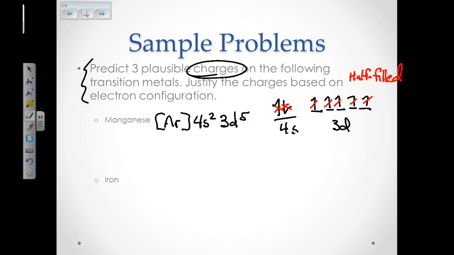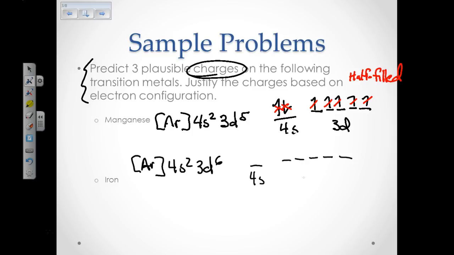Iron's electron configuration is argon, then 4s2, 3d6. Again, if I'm going to draw the orbital diagram, I'm going to go 4s and 3d. Now, I get that I've used all these examples with 4s and 3d, but we could use 5s and 4d or 6s and 5d.